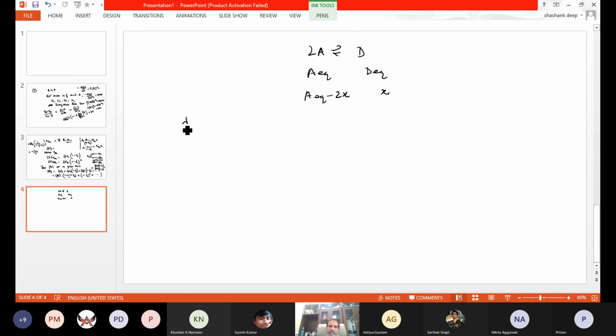So if I write d by dt, what will this be? x is formed, it means D equilibrium plus x. So d by dt is k1 into a square minus k minus 1 into d.